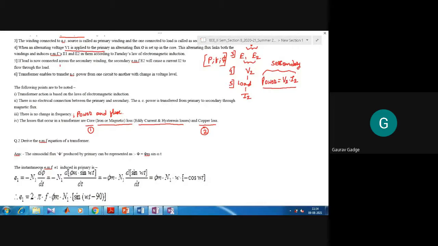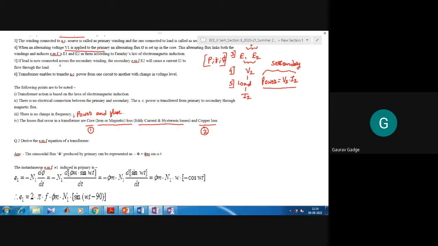That side is called the primary side, and we have to transform all the energy from the primary side to the secondary side. So the supply is given to the primary side, current passes through the primary side, flux gets developed on the primary side, but through the core it links with the secondary side, due to which it induces EMF E1 on the primary and EMF E2 on the secondary side.